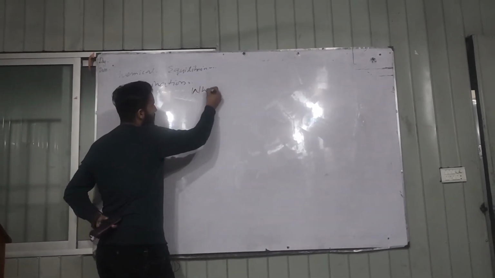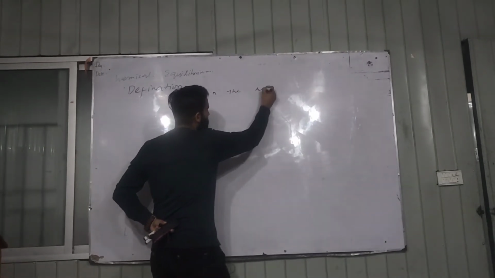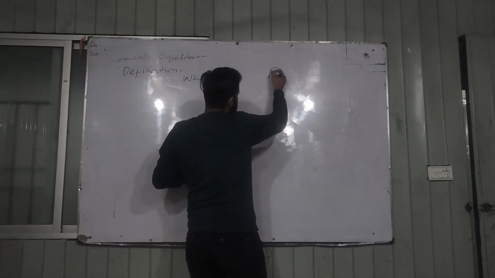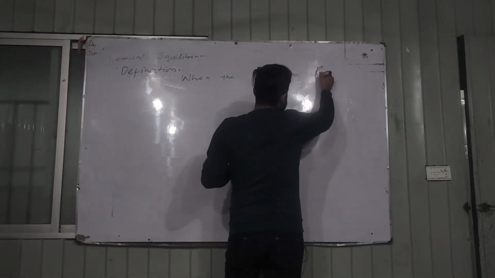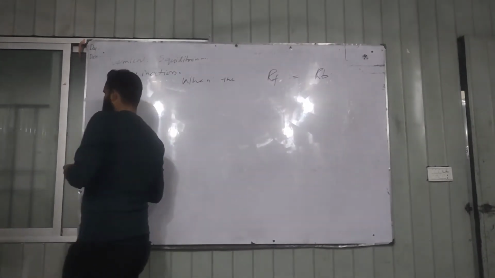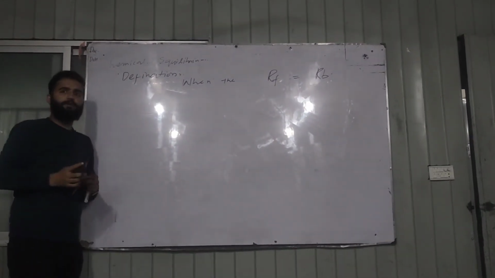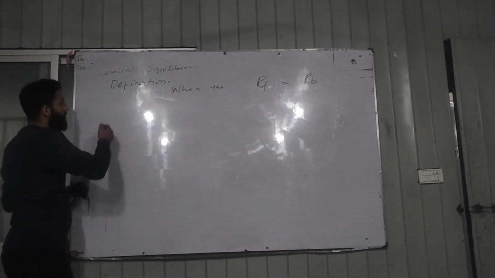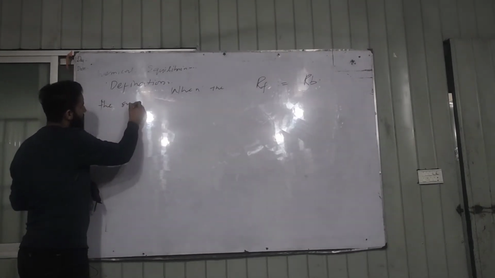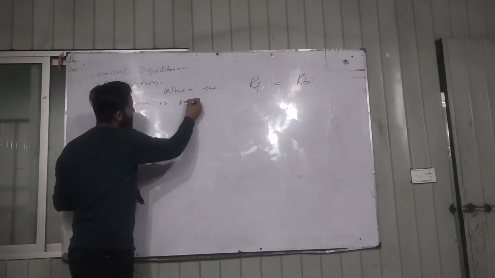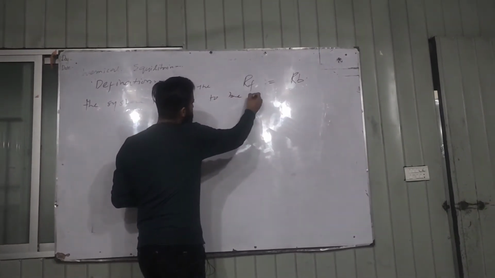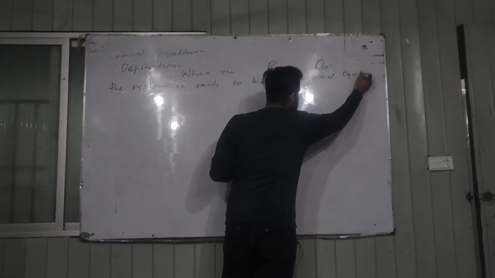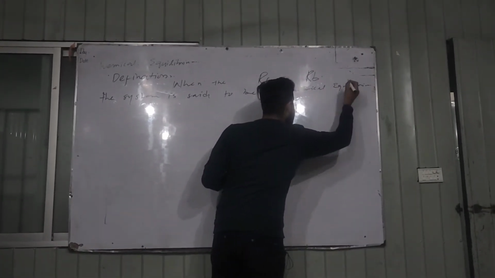When the rate of forward reaction, I am going to write RF because it will take a lot of time, becomes equal to RB, when the rate of forward reaction becomes equal to the rate of backward reaction, the system is said to be in chemical equilibrium state.